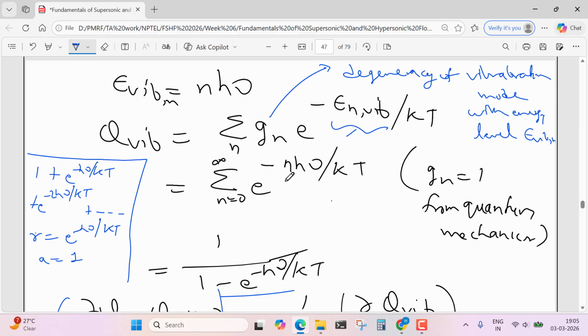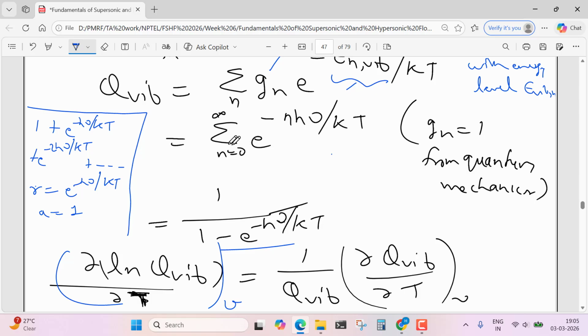So the Q vibration we got is sigma n equal to 0 to infinity e to the power minus n h nu upon kT. If we put 0 here, we get 1. If we put 1 here, e to the power minus h nu upon kT, and so on. So we get the series 1 plus e to the power minus h nu upon kT plus e to the power minus 2h nu upon kT, and so on.